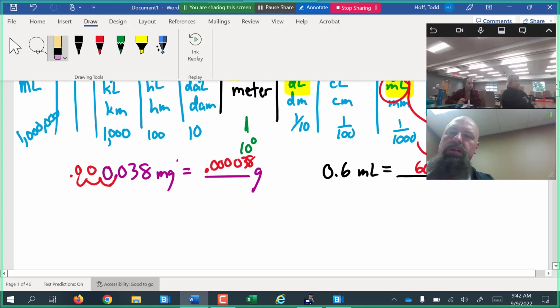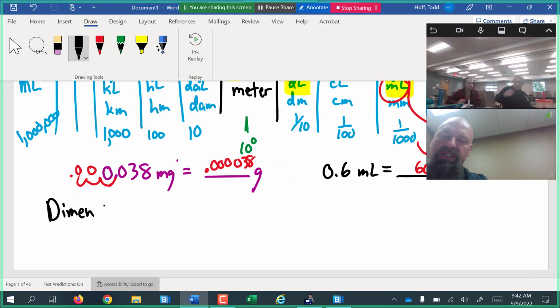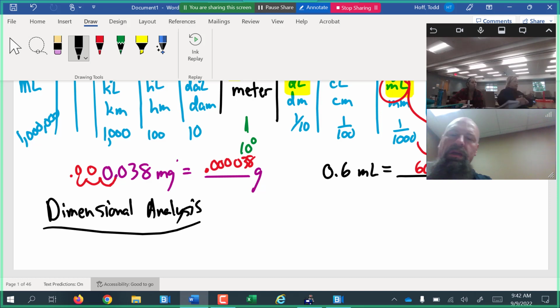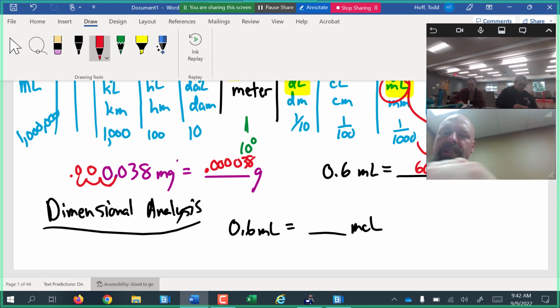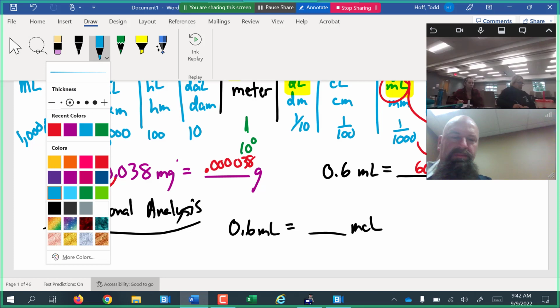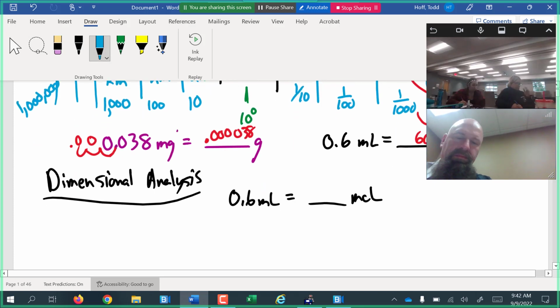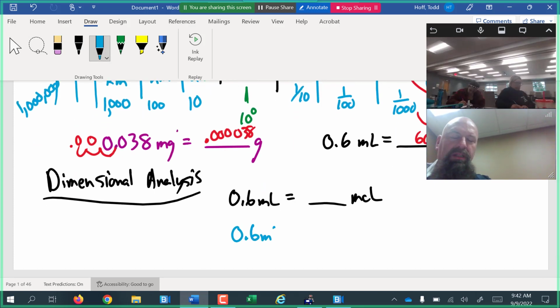So we can use a process called dimensional analysis, which is our typical measurement conversion. If I want to go from 0.6 milliliters to microliters, I can set it up like this. My 0.6 milliliters, I turn it into a fraction by putting it over 1.